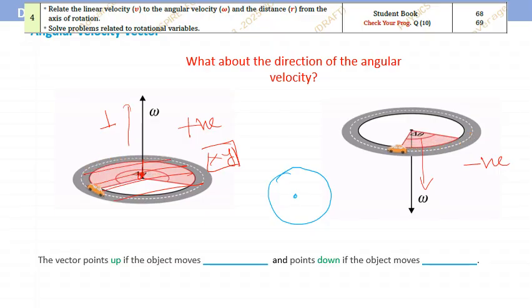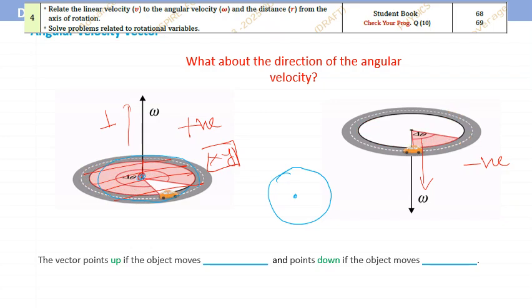If it is rotating on a floor, then the angular velocity direction will be perpendicular to the surface of rotation. I'm repeatedly saying the angular velocity direction will be perpendicular to the surface of rotation. Over here you can see a car which is rotating in a plane, and the angular velocity is exactly perpendicular to that.